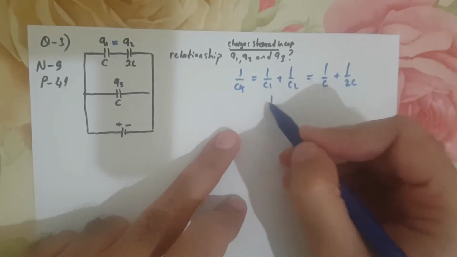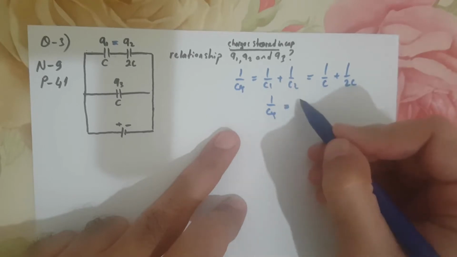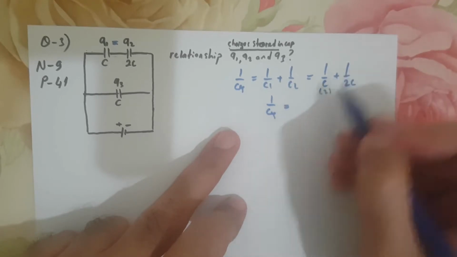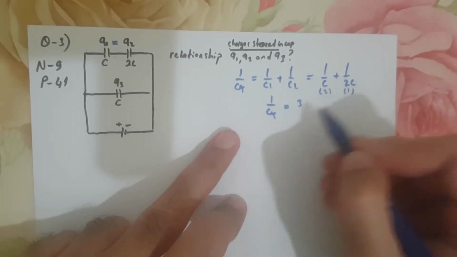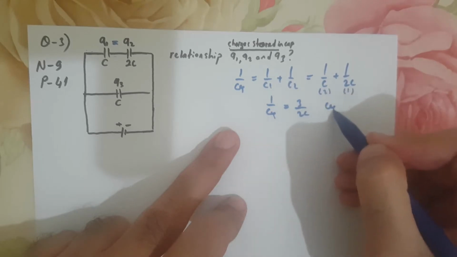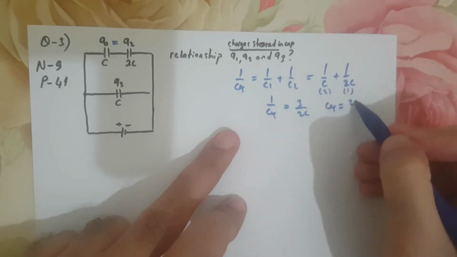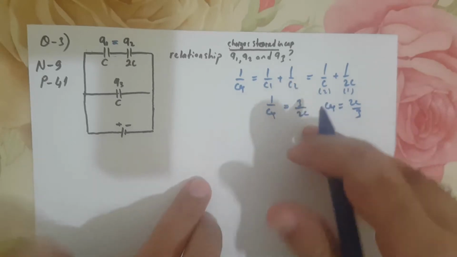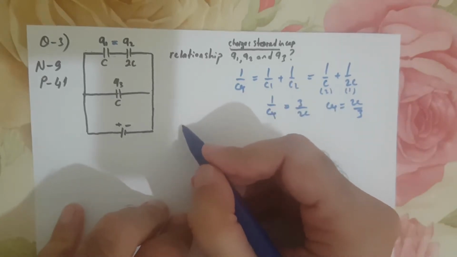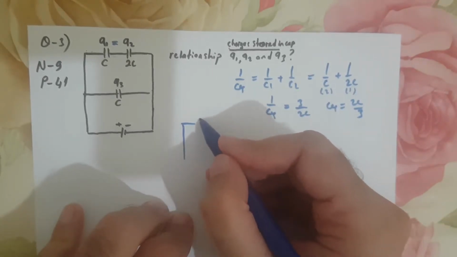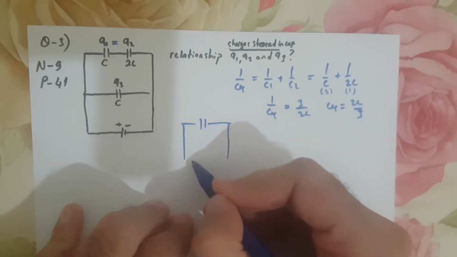So 1 over C equivalent equals 3 over 2C. So C equivalent is 2C over 3. So our new circuit becomes like that.